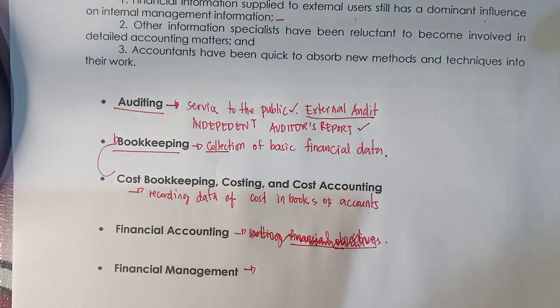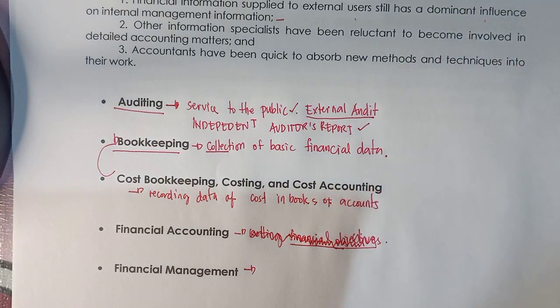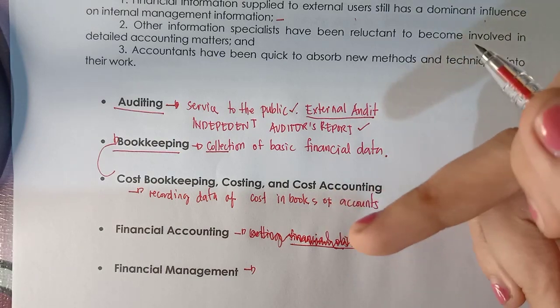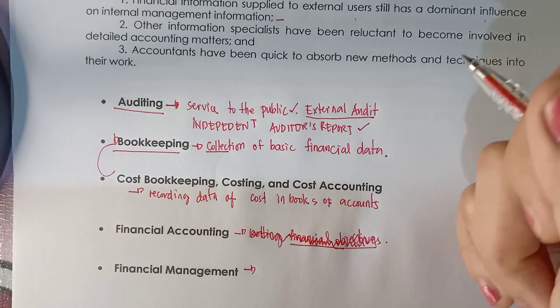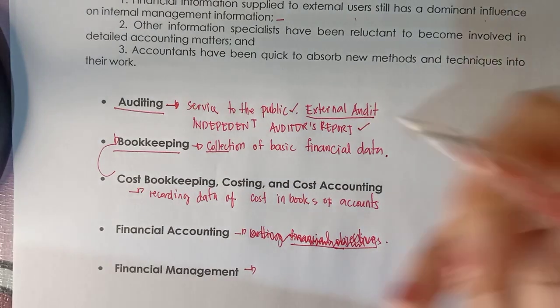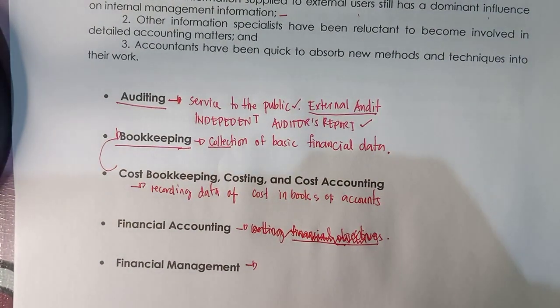Then after entering them into the accounting records, they will be extracted, classified, and summarized in the form of financial statements. So that is the importance of bookkeeping as one of the branches of accounting.